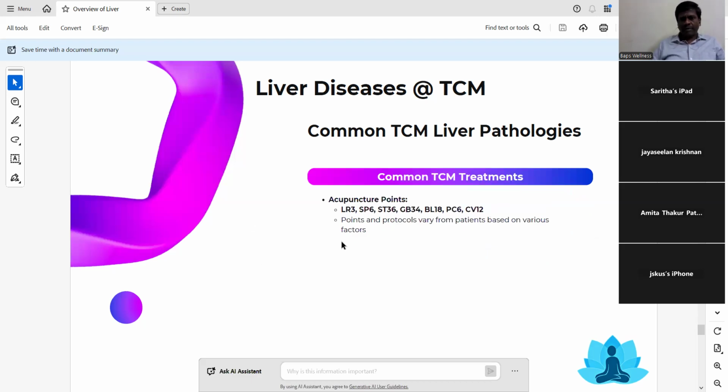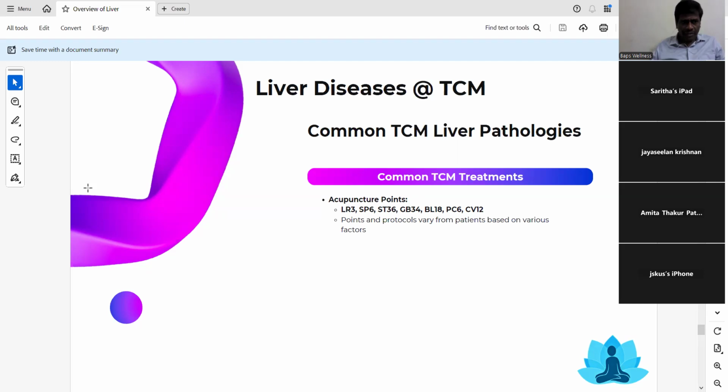So if you ask for common general points we can use, they are liver 3, SP6, ST36. Wherever there are chi-related issues, invariably you will have to use SP6 and ST36. Liver 3, GB34, GB37 and liver 5 are the luo and source combinations.